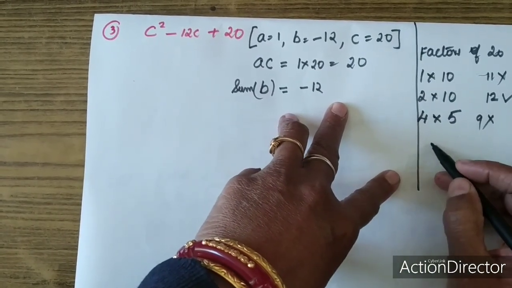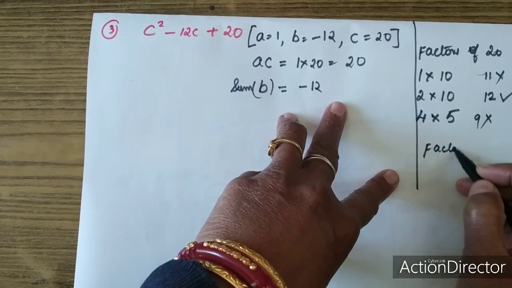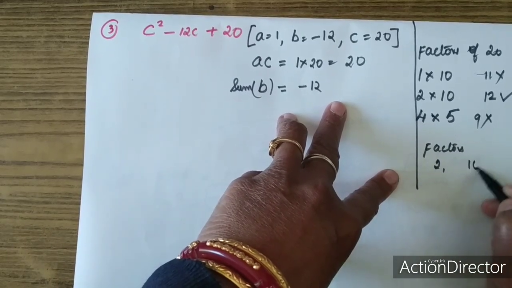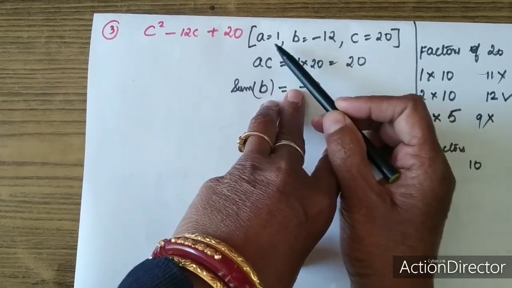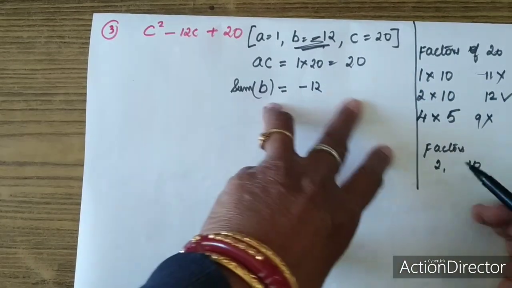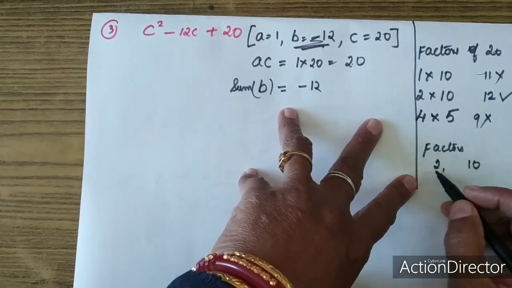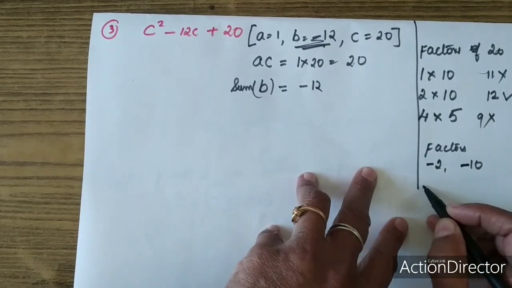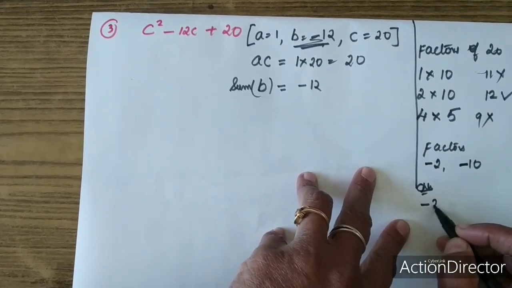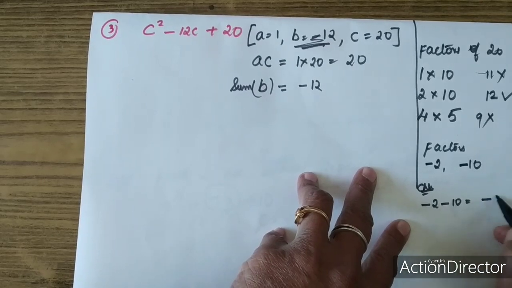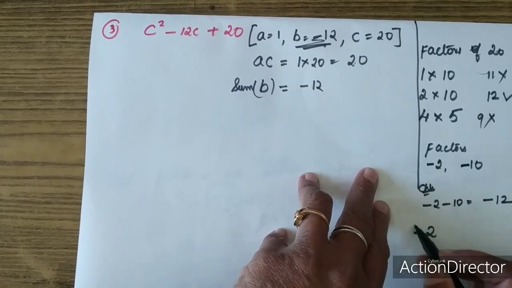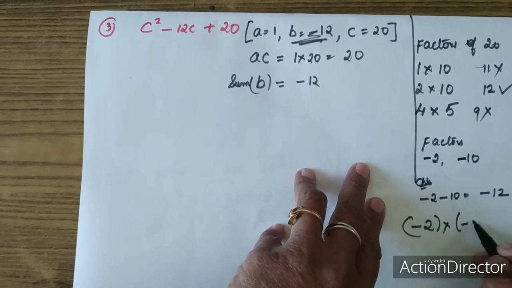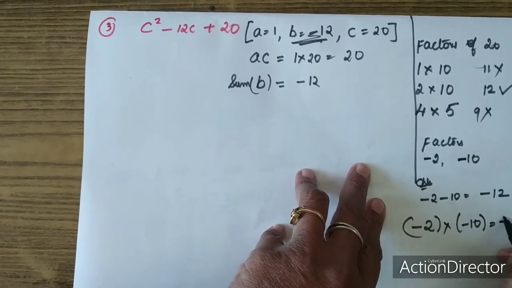So now, our two factors, whatever you have chosen, are 2 and 10. But you see in the sum you need minus 12. So how will I get minus 12? I have to take minus 2 and minus 10. Checking. Minus 2 minus 10 will be equal to minus 12, and minus 2 into minus 10 will be equal to plus 20.